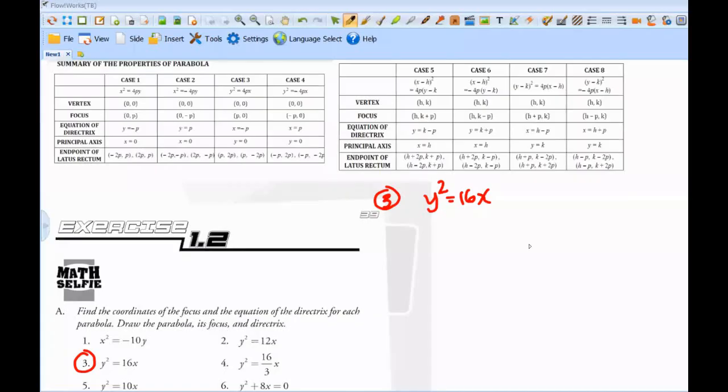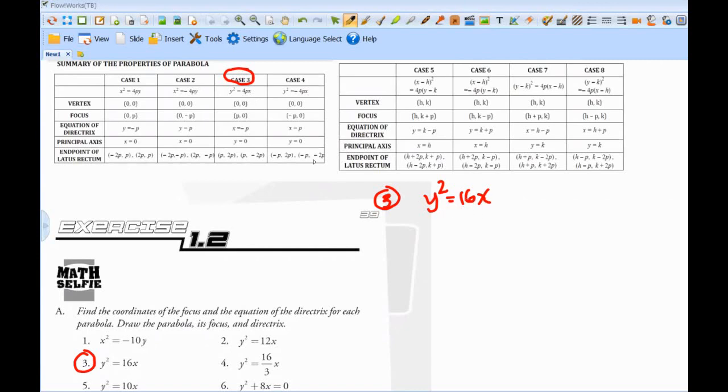Okay, so it is on case number 3. Case number 3 has y squared is equal to 4px. So you know that when it's y squared, it either opens to the right or to the left. When p is positive, then it opens to the right.